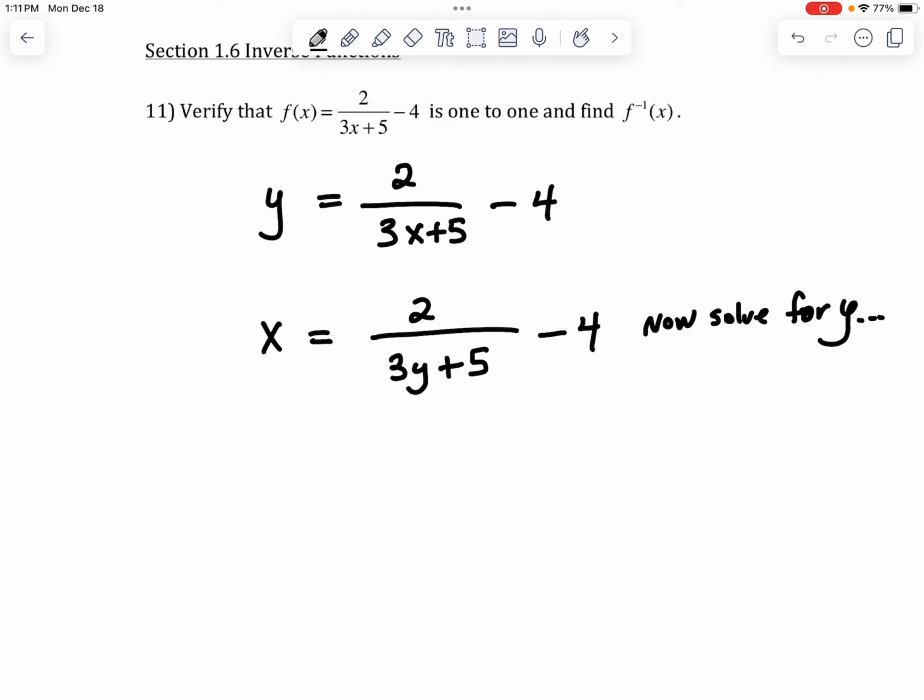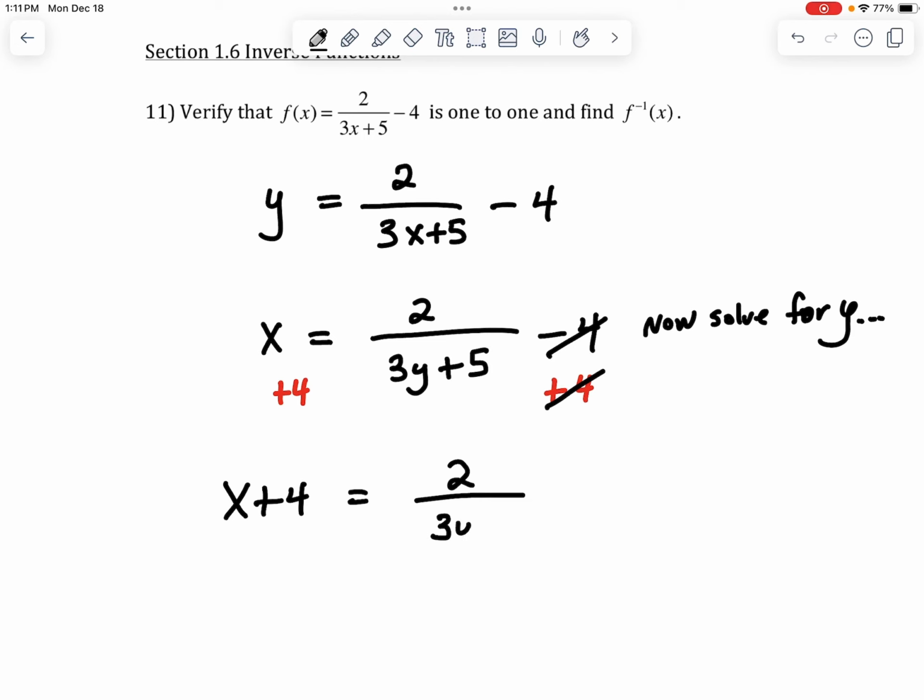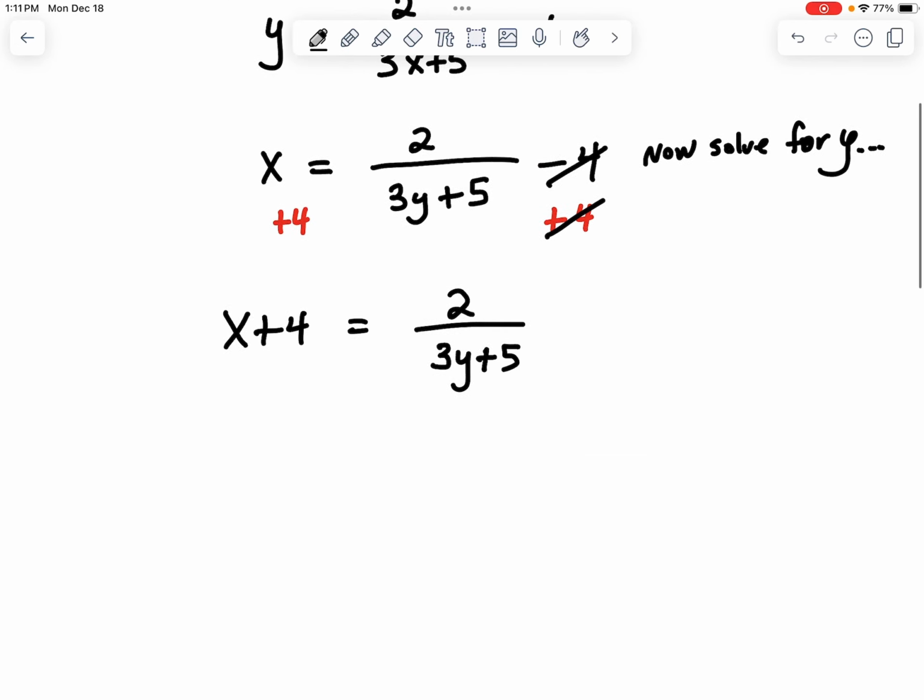All right, in order to do that, I could add 4 to both sides. So these are going to cancel, and the left side has x plus 4. And then the next thing that I would like to do is get the 3y plus 5 on the top.